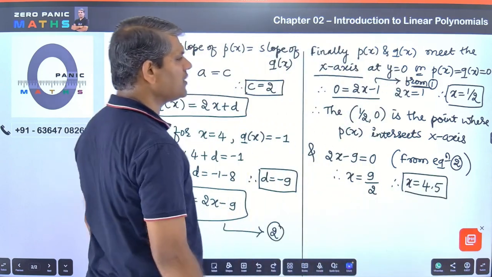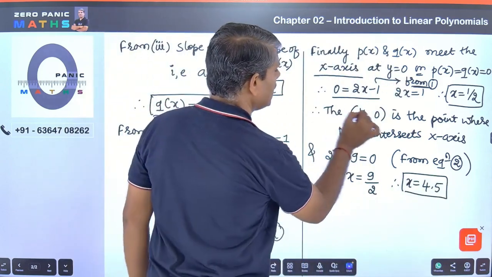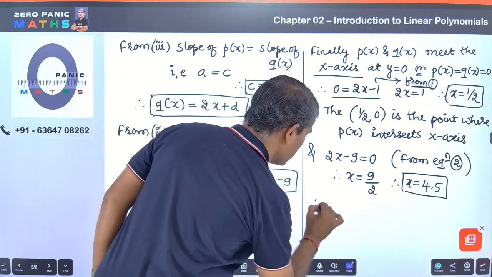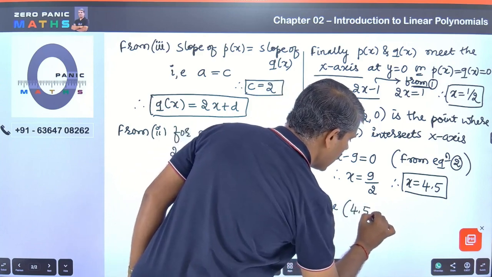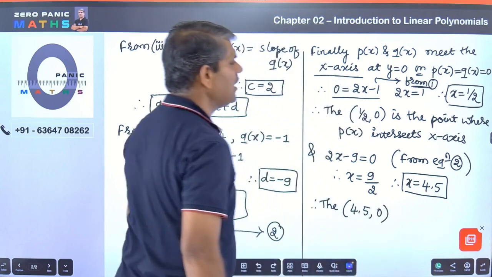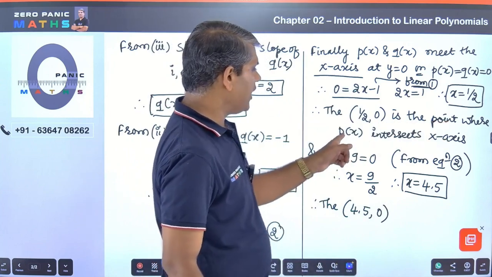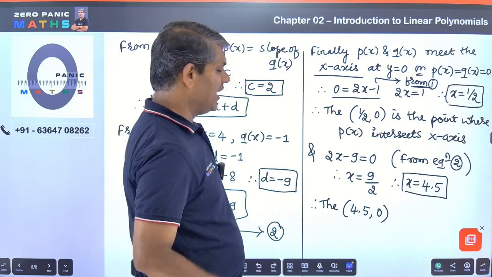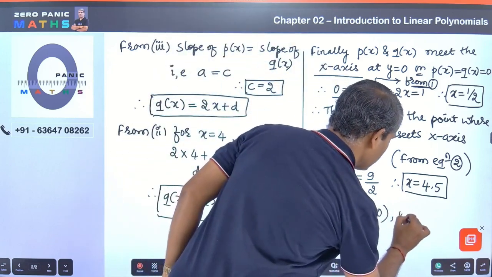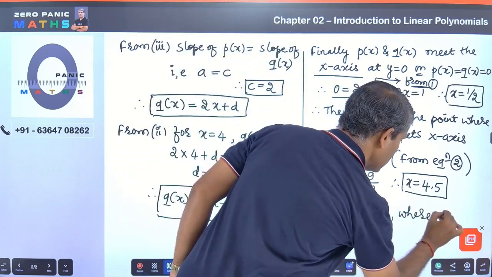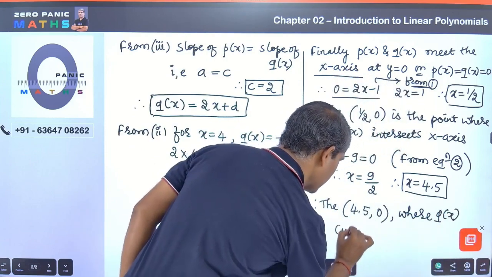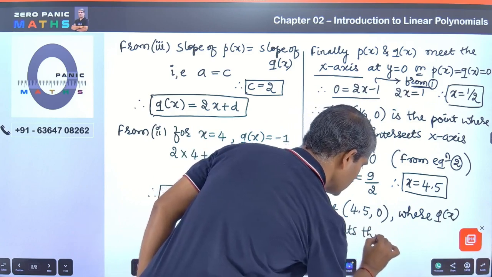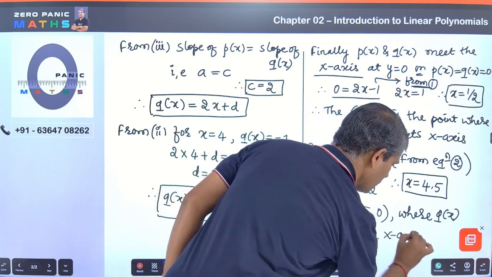So the coordinate point (4.5, 0) is another coordinate point where q of x cuts the x-axis. Hope you understood this.